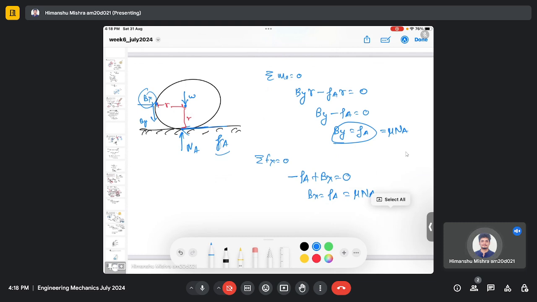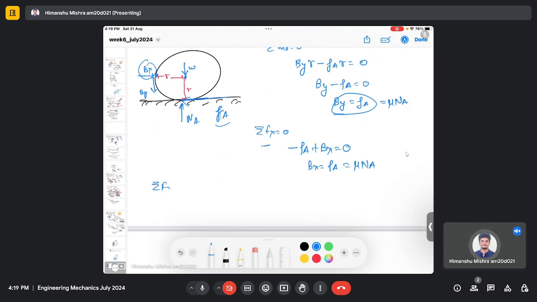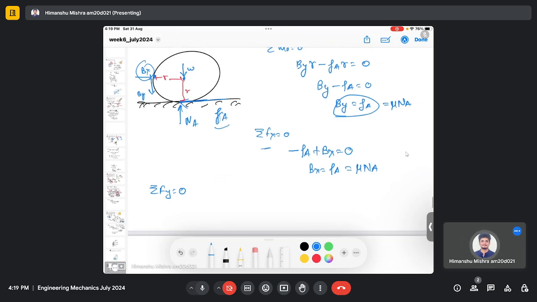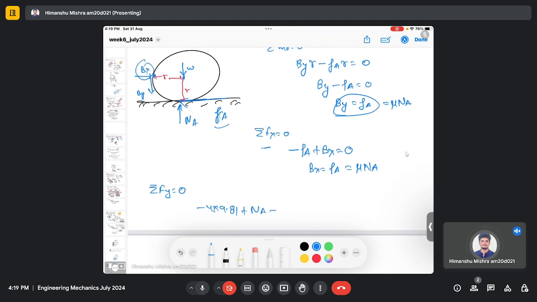So we have done the moment balance analysis and the force balance in the x direction, and we got expressions in terms of Na, which we don't know. So we will do the force balance analysis in the y direction, and here we consider W, which is 45 multiplied by 9.81, balanced by plus Na minus By equals 0.